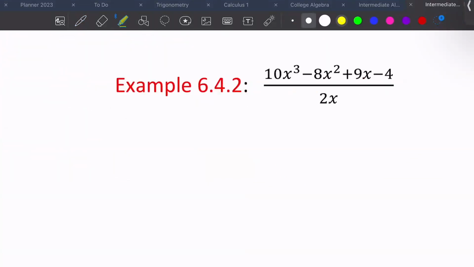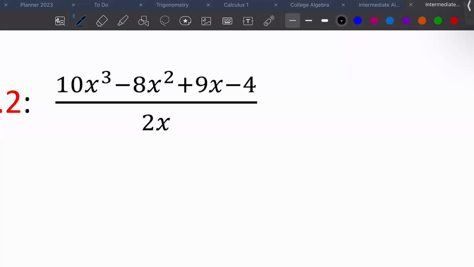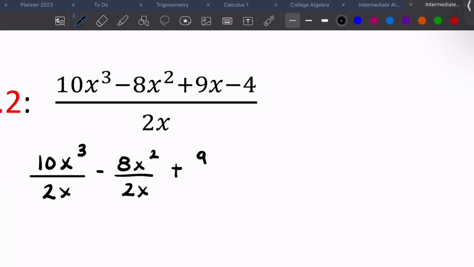Just splitting them up. We're going to do it one more time. 10x cubed over 2x minus 8x squared over 2x plus 9x over 2x minus 4 over 2x.